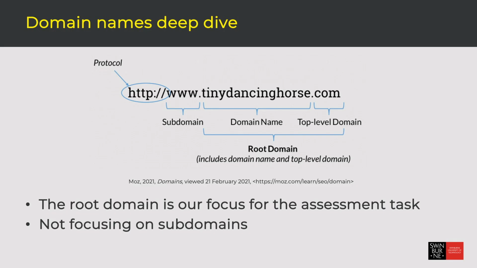Domain names are made up of three parts: a top-level domain, sometimes called an extension or domain suffix, a domain name or IP address, and an optional subdomain. The combination of only the domain name and the top-level domain is known as the root domain. The root domain is our focus for the assessment task and is what we will be taking a deep dive into, so we don't need to worry about subdomains.